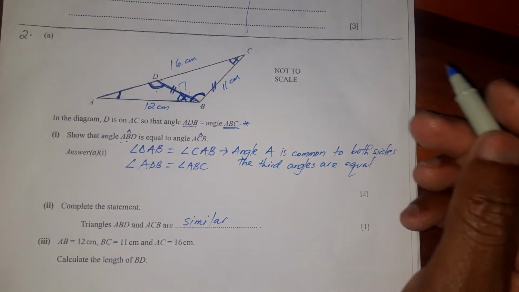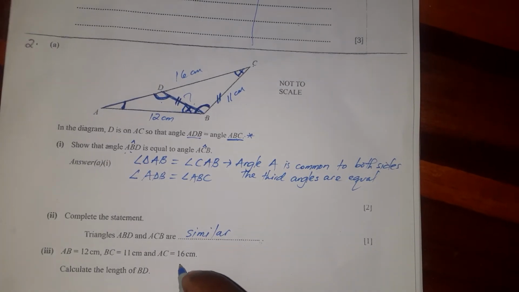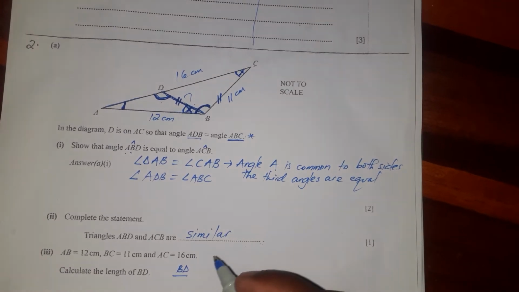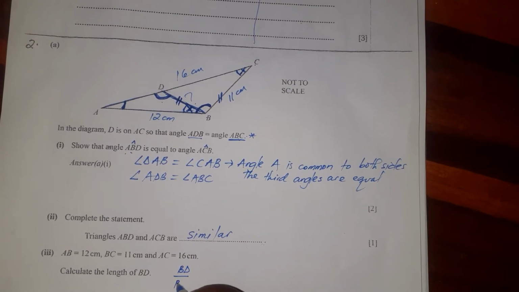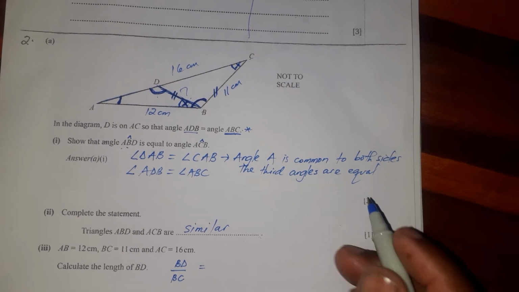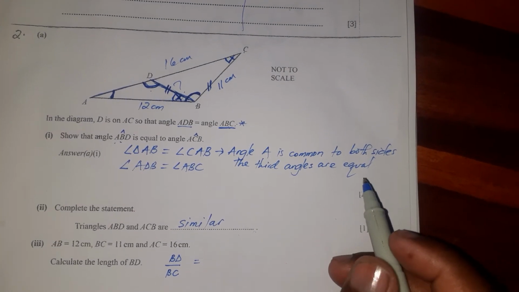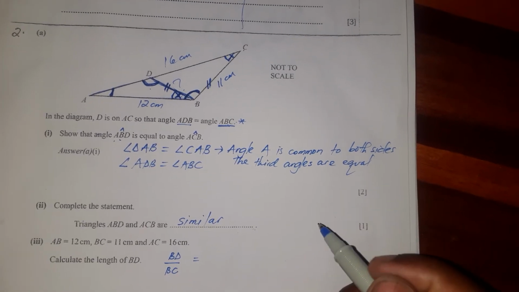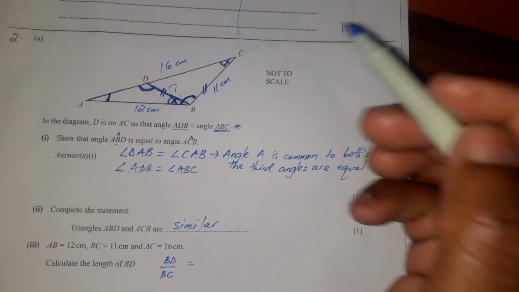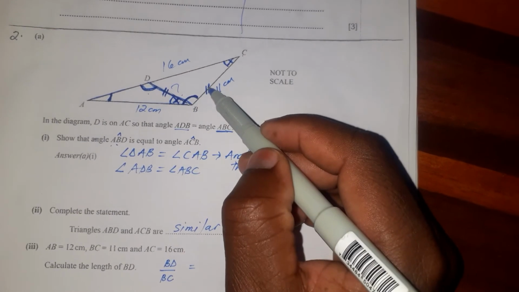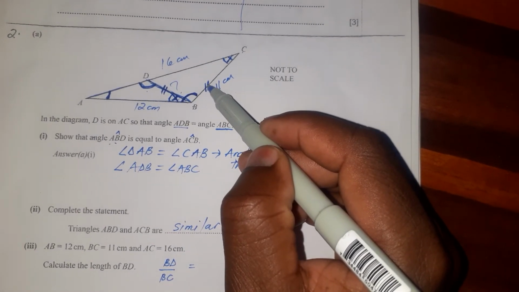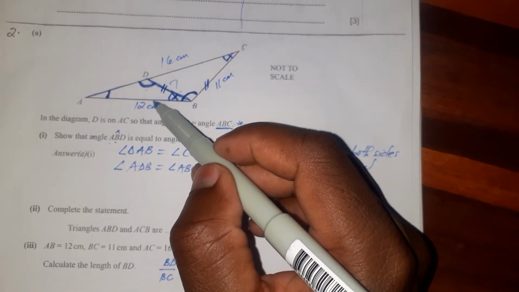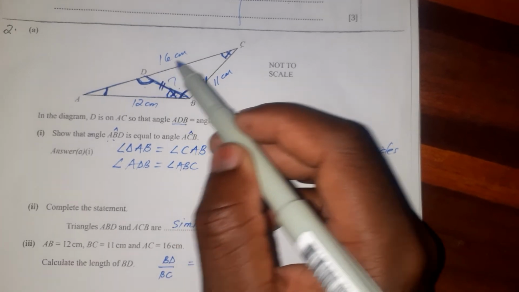Then we can write that BD, the ratio should be over BC equal to, we should also get two corresponding sides that are given. If this is corresponding with that, then it means that this is corresponding with the longer side.